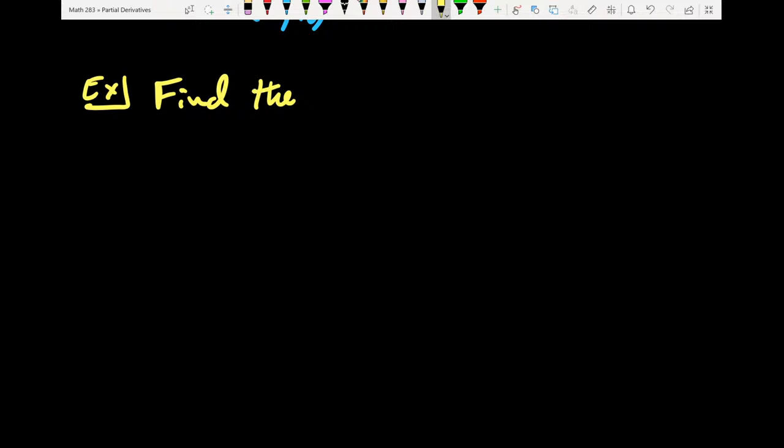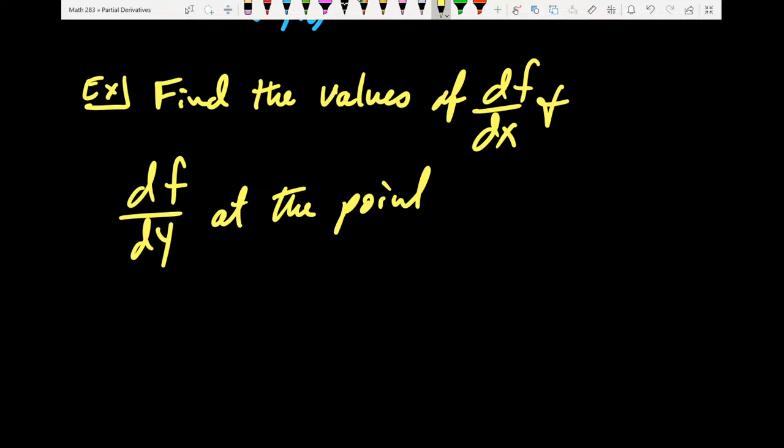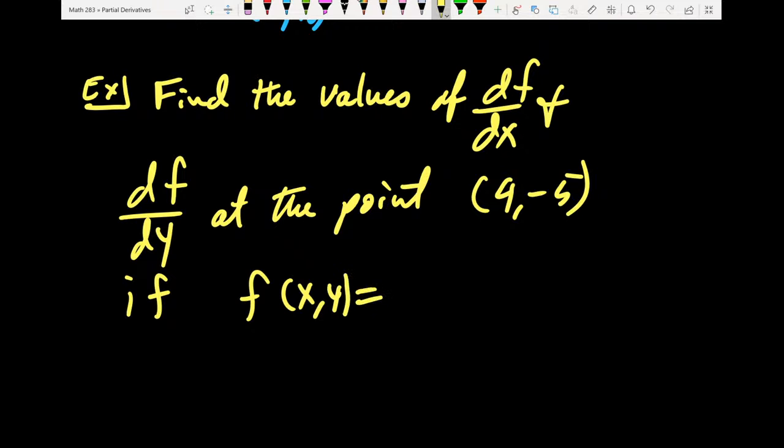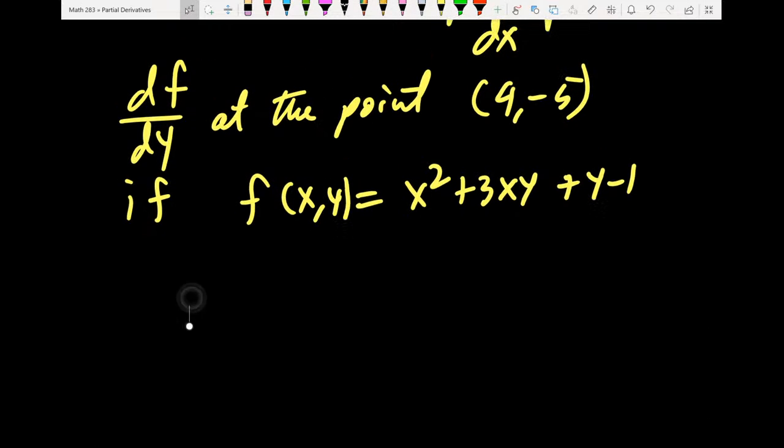Find the values of df dx and df dy at the point 4, -5 if f of x, y equal x squared plus 3xy plus y minus 1. Okay?